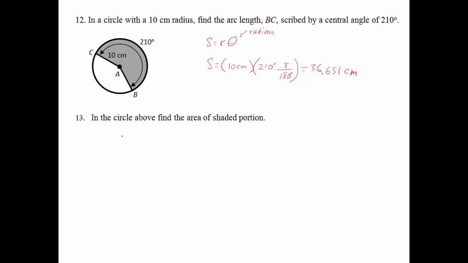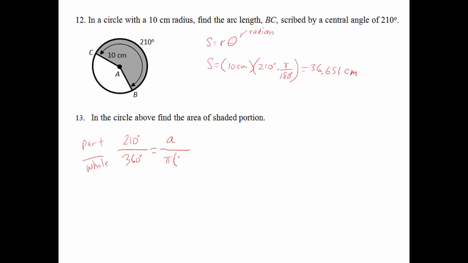Find the area of the shaded region. I don't remember a whole lot of formulas, so I'm going to take the part of the circle, part over the whole. Okay, so I have degrees over degrees. The whole circle is 360 degrees. And then that's going to be my part, the shaded part, the area of the part that I want, over the area of the whole circle. Area of a whole circle is pi r squared.